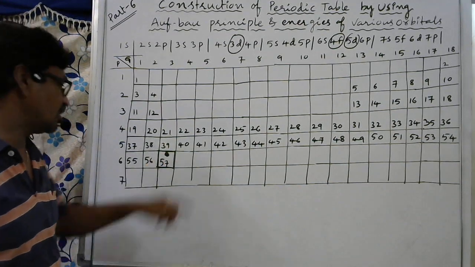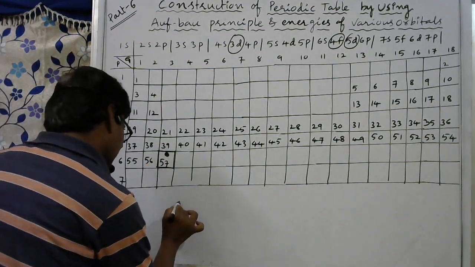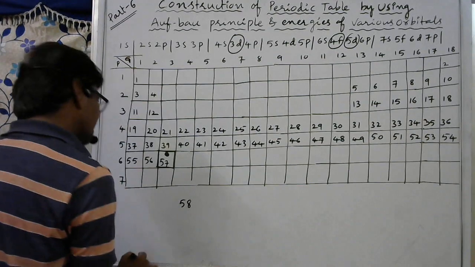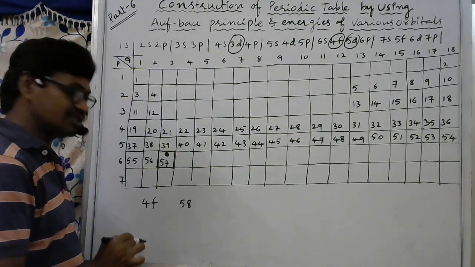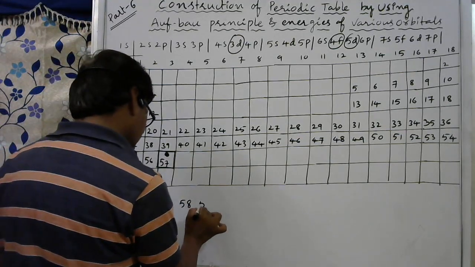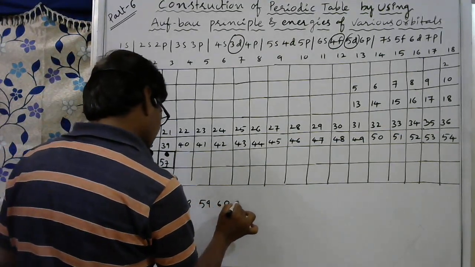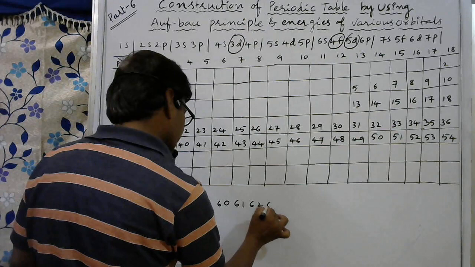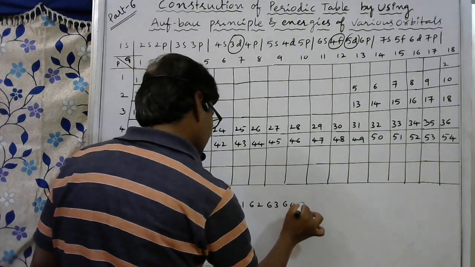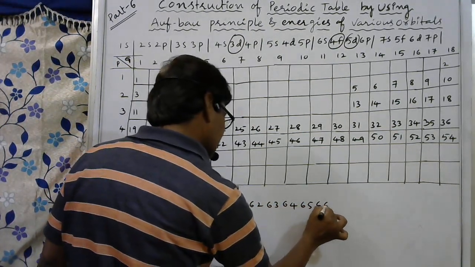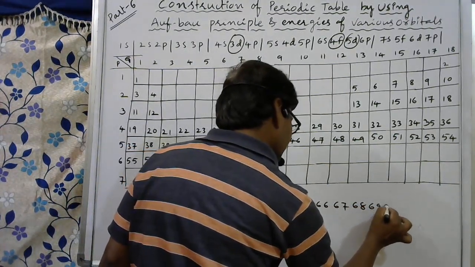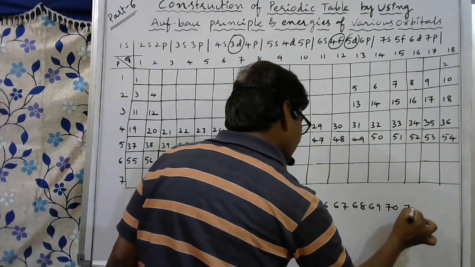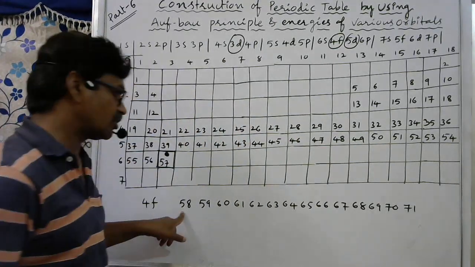Those 14 elements, which start from 58, are nothing but the 4f series elements: 58, then 59, 60, 61, 62, 63, 64, 65, 66, then 67, 68, 69, 70, 71.